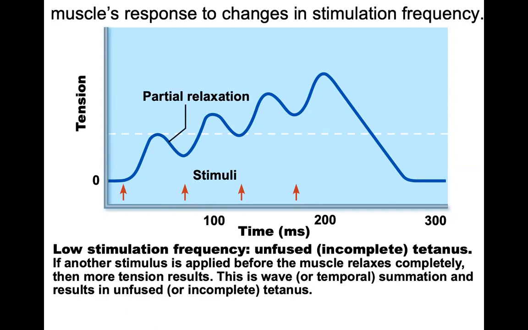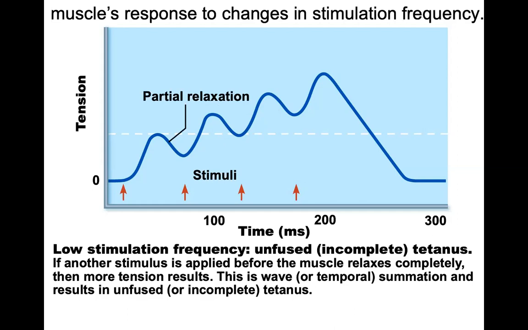In that scenario, you will have another muscle contraction that is building up on the previous one. Because you didn't relax fully, whatever is left over of this adds up to the next muscle contraction. Again, the muscle starts to relax, a new stimulus comes in, and you take whatever you have here and sum it up to the new one.